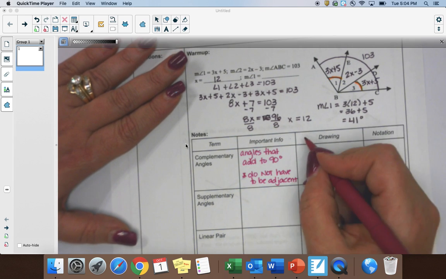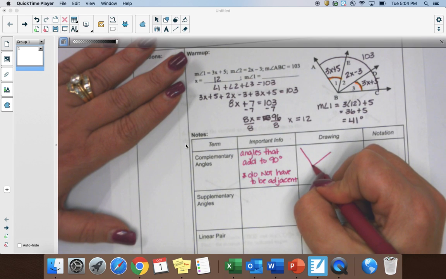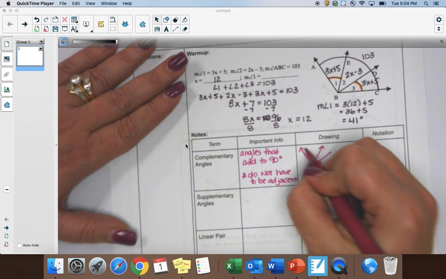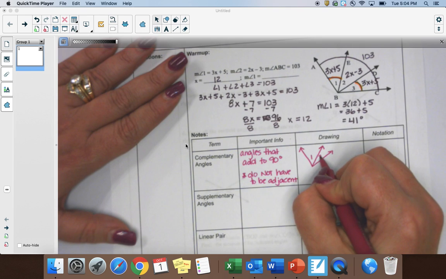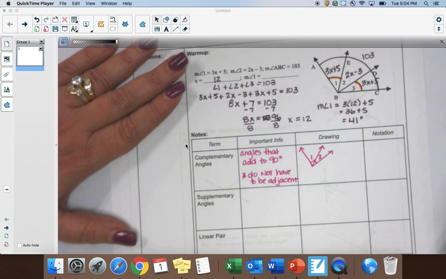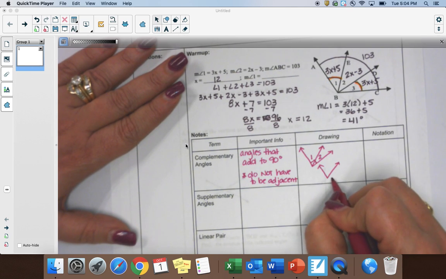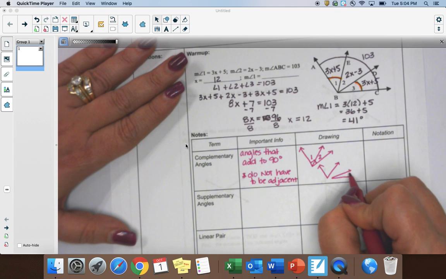So what that might look like is we could have these that are adjacent angles. We'll call it, say, angle 1 and angle 2. And those are complementary, or we can have two separate angles here, angle 1 and angle 2.